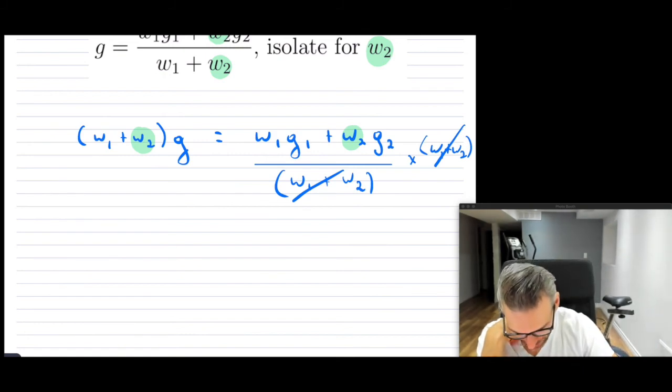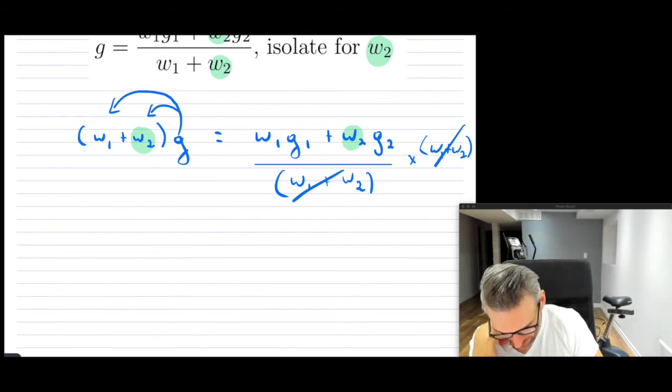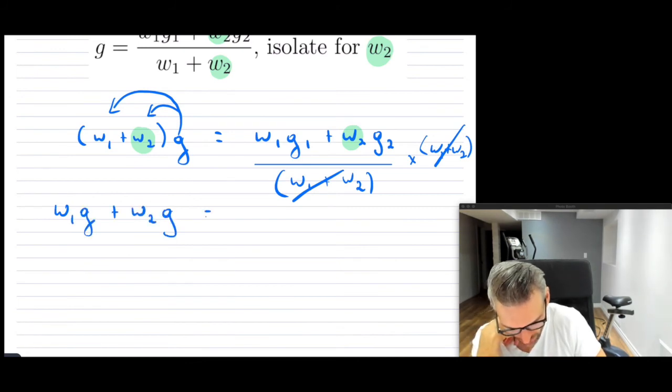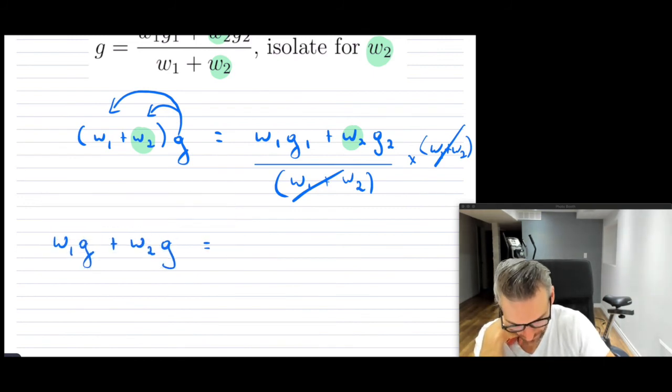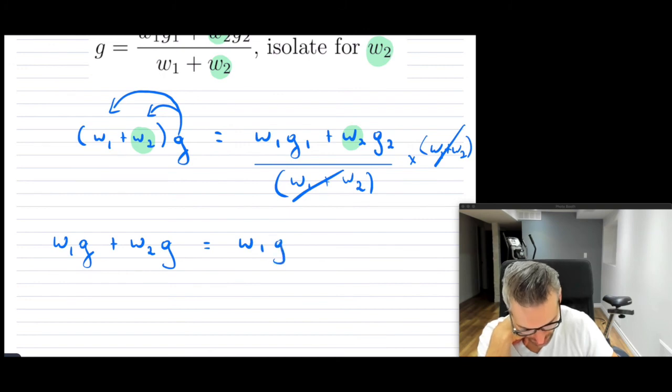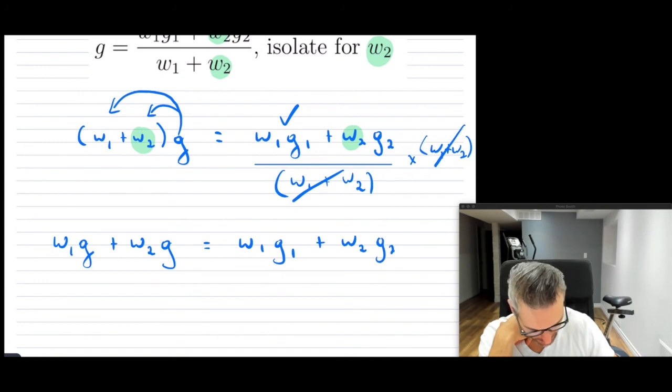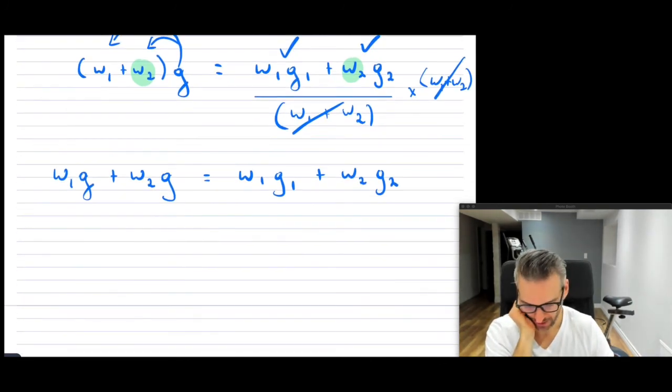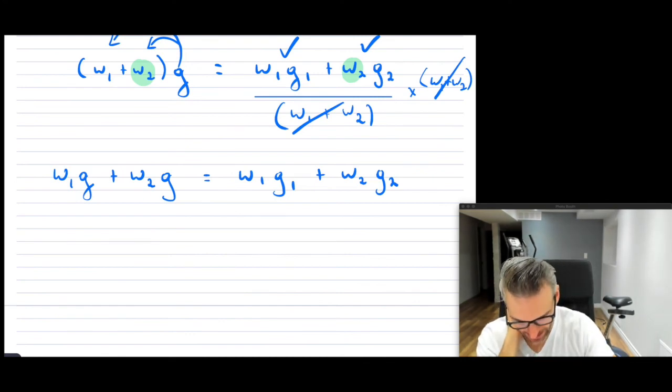In order to do that, I'm going to distribute through the brackets. So this is going to be W1G plus W2G equals, on the right hand side, W1G1, so that's from there, plus W2G2. Just got to make sure that those 1s and 2s are correct. Now again, I want these two guys on one side.